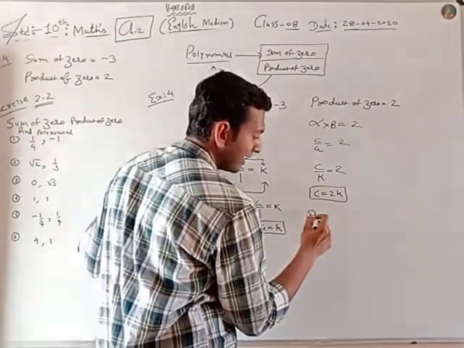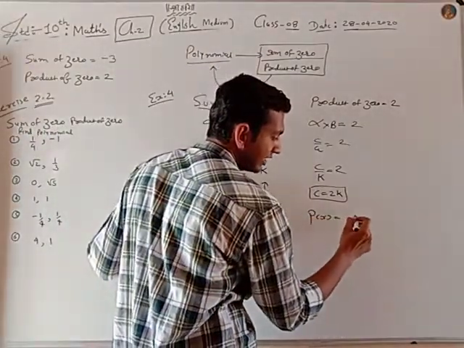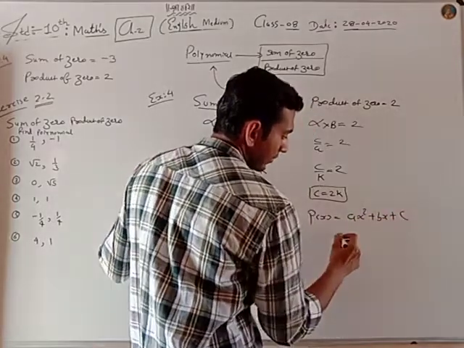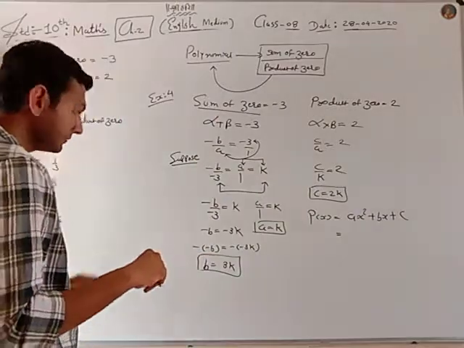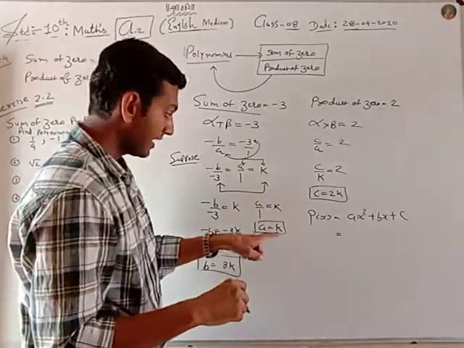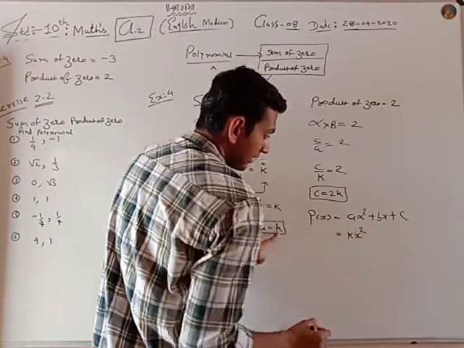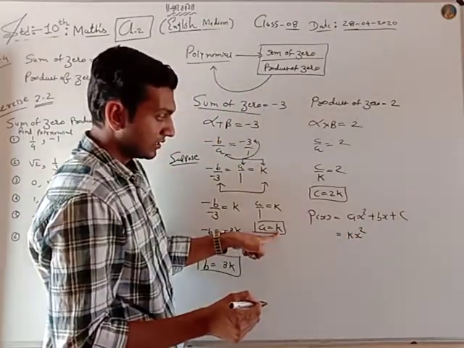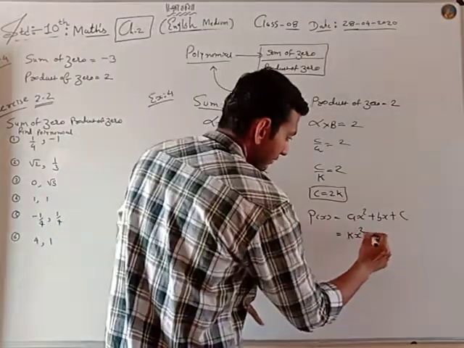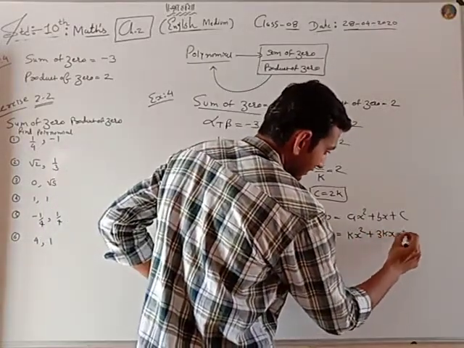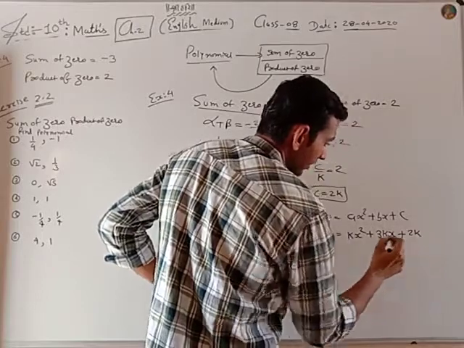The general form of a quadratic polynomial is ax square plus bx plus c. What is my a? a is equal to k, so my term is kx square, and b is equal to 3k, so 3kx, plus c is equal to 2k.